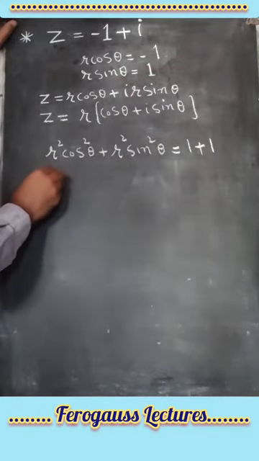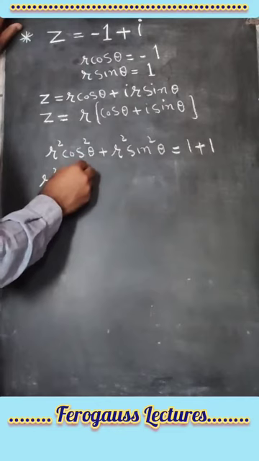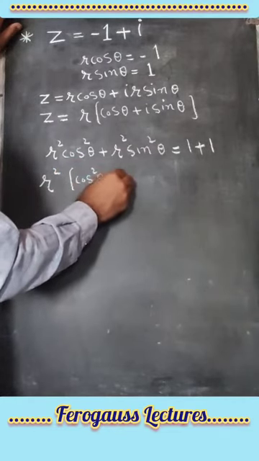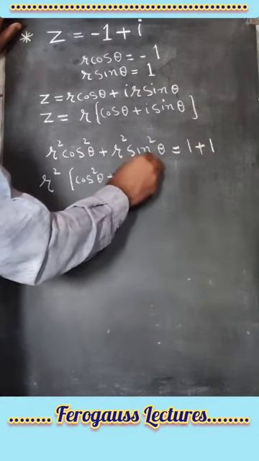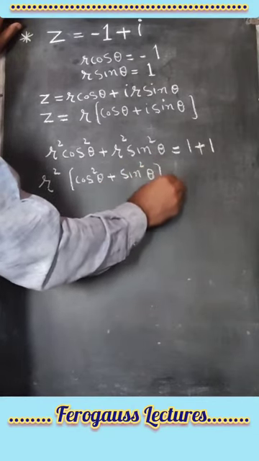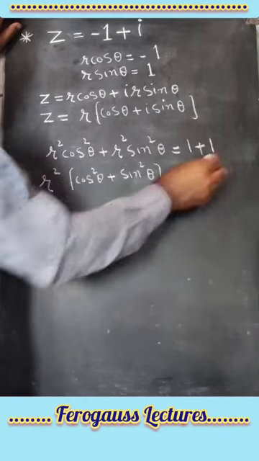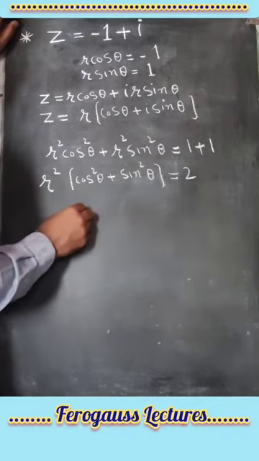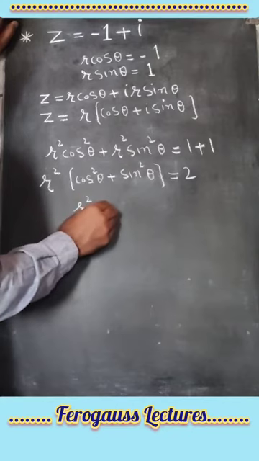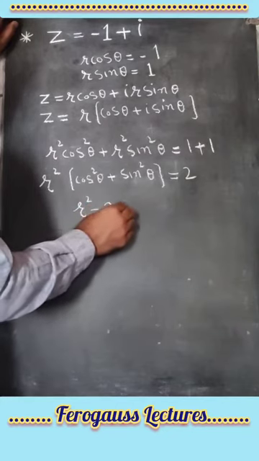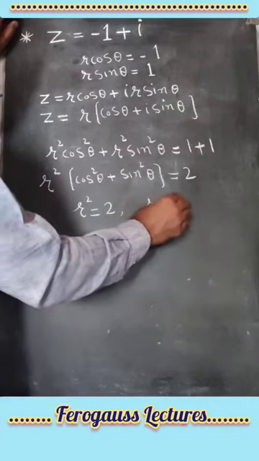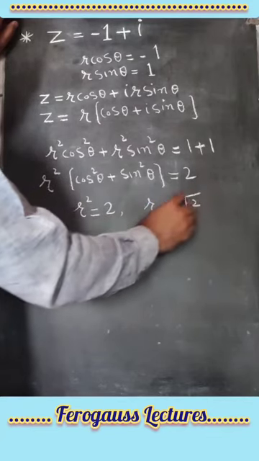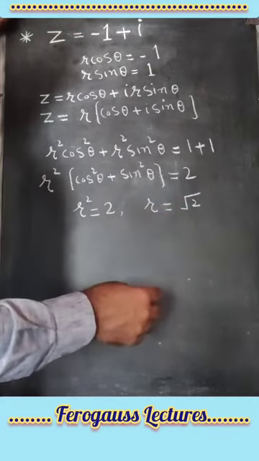Now take r square common, we have cos square theta plus sine square theta equal to 1 plus 1 is 2. Now cos square theta plus sine square theta is 1, so we get r square equal to 2, or we can write r is equal to square root of 2. We have to take positive sign here because r is modulus and modulus cannot be negative.